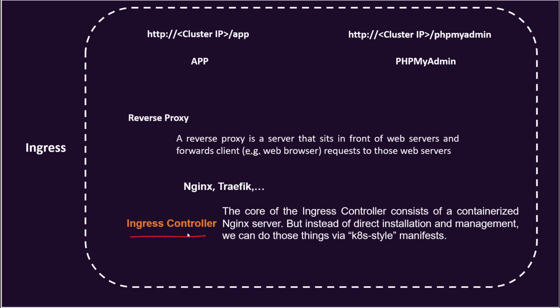To implement a reverse proxy in a Kubernetes cluster, we need an Ingress controller. So if I want to use the Nginx reverse proxy, I have to install the Nginx Ingress controller in my Kubernetes cluster. Or if I want to use Traefik, I have to do the same for Traefik.